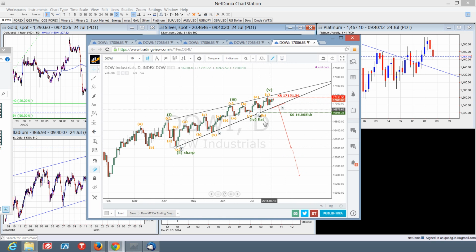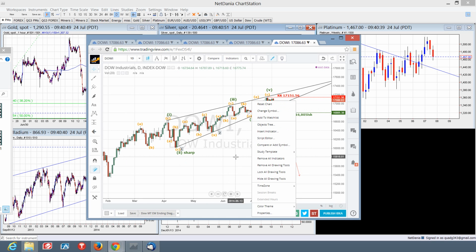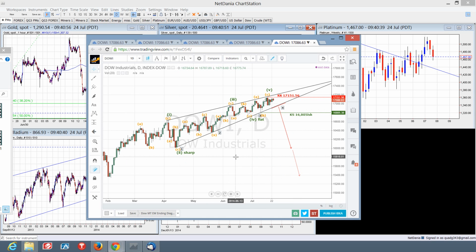So something to watch for, and you'll notice in time, if you're paying attention to Elliott wave counts, especially ending diagonals, you're going to find that the negative divergences taking place in RSI and MACD are usually accompanying an ending diagonal type pattern, or on the flip side, a positive divergence. You're going to see that in the oscillators too, with an ending diagonal to the downside.